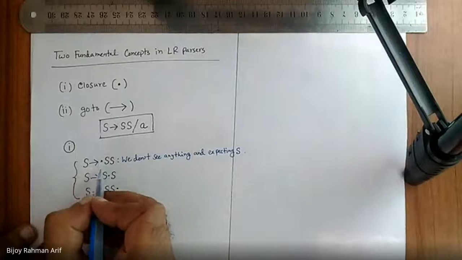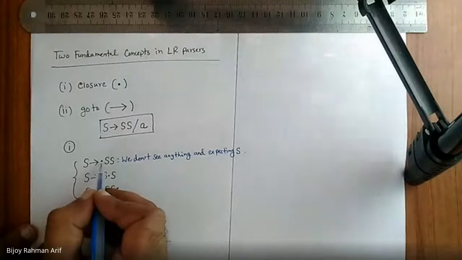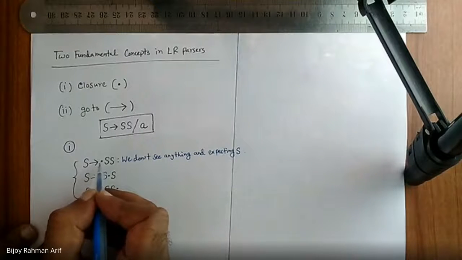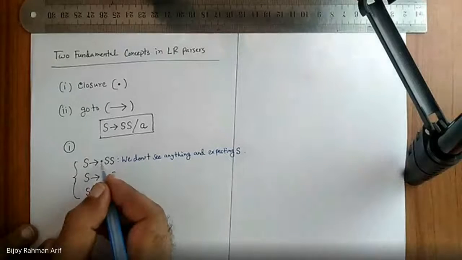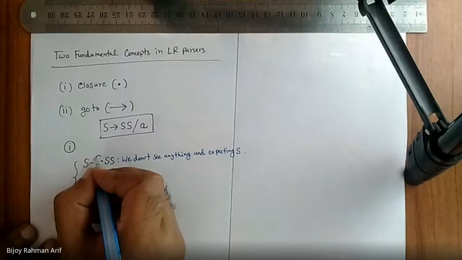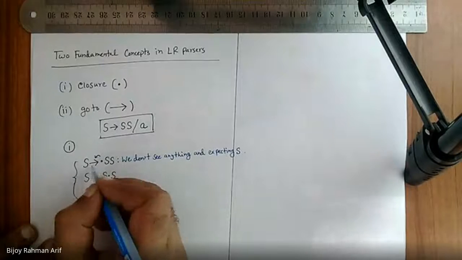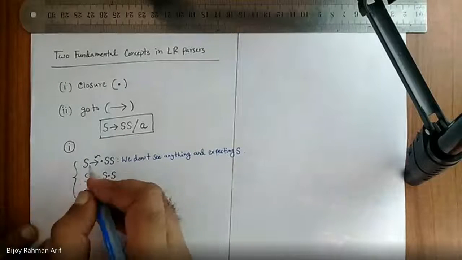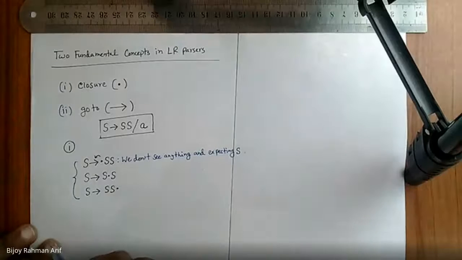Just consider the right-hand side. In the first example, what is immediately before this dot? Forget about the arrow, just consider the right-hand side.